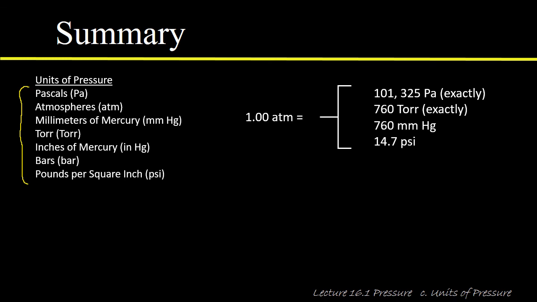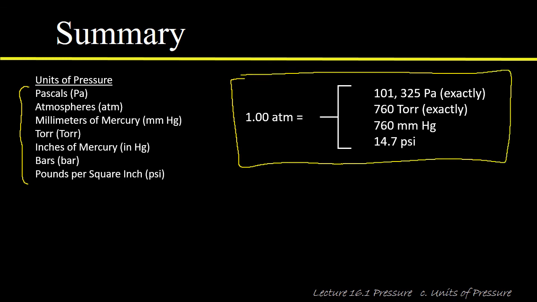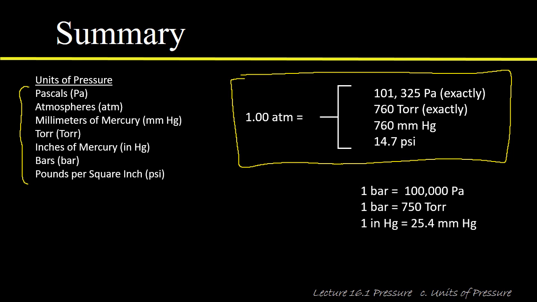Okay, so 4 of these can be related directly back to atmospheres. You should know all of those relationships, and a good way to work on those is with flashcards. Okay? And then you should also know that 1 bar is 100,000 Pascal. That's the definition of a bar.